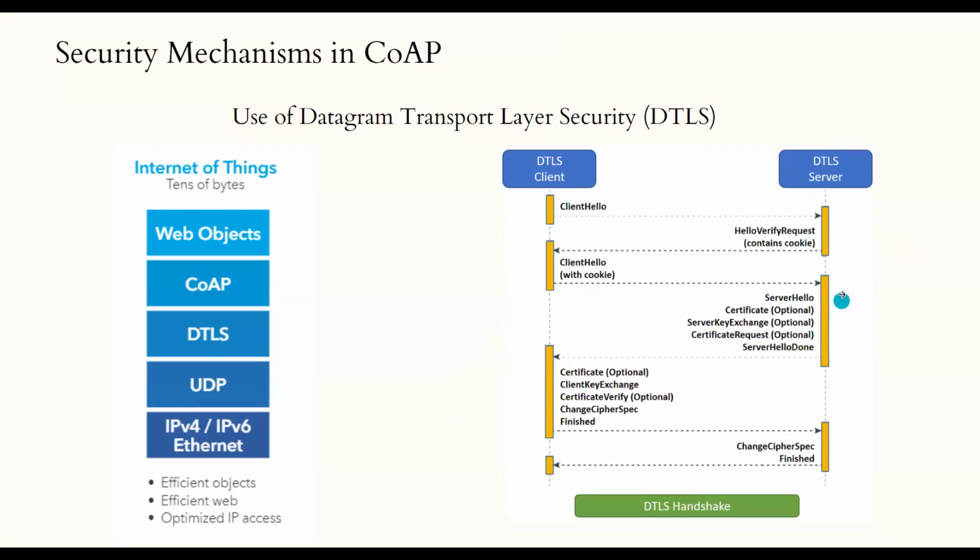In this stage, where the server hello message is sent, the server is actually checking further data regarding the client. The server needs to check the identity of the client in this server hello stage, and once it is done, the server sends a server hello done.